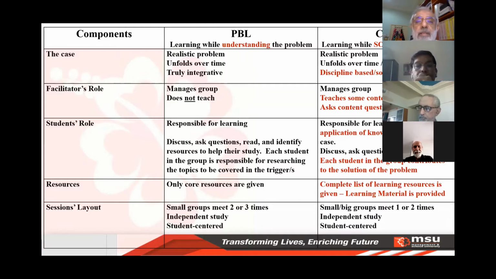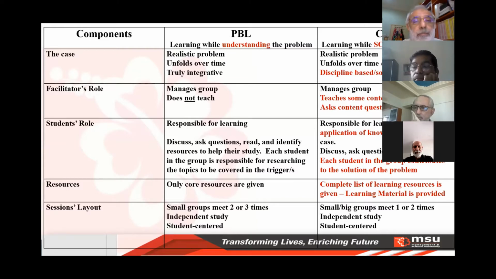In PBL, the learning is while students are trying to understand the problem. And that's why they learn about the basic sciences, anatomy, physiology, etc. Whereas in CBL, the learning is while solving the problem, meaning to solve the problem, you have to apply your previously acquired knowledge.